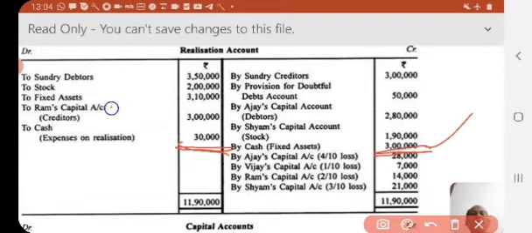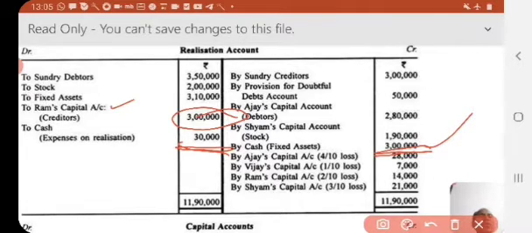Now, creditors are taken over by Ram. That's also recorded. Okay. Over. Now, realization loss. Because debit balance is much if we compare with the credit balance.